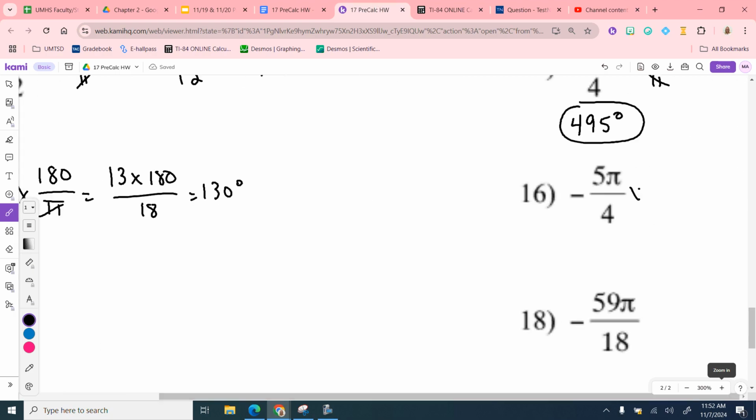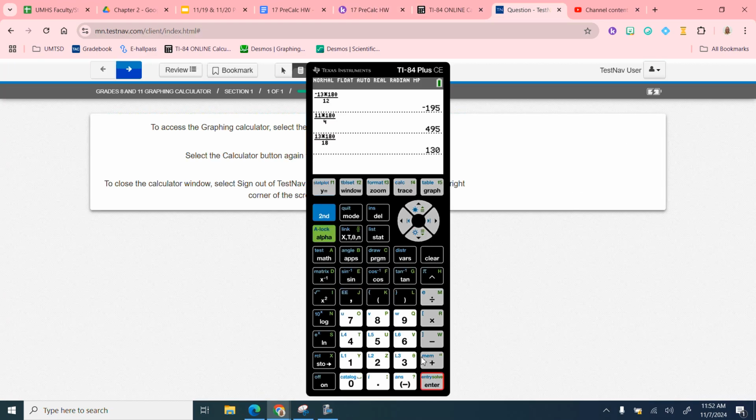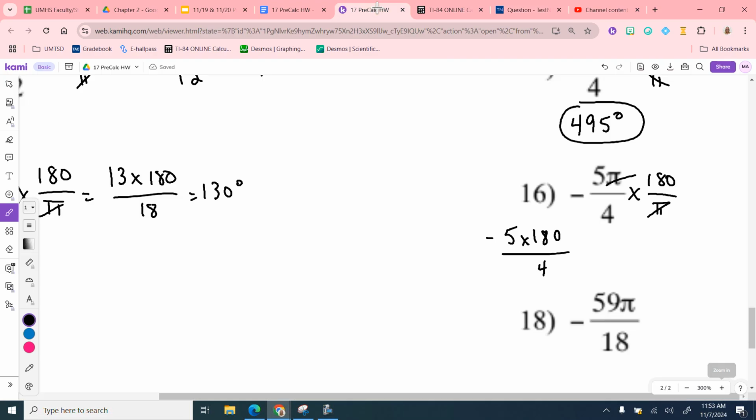Over here, times 180 over pi. Your pi's cancel. We want -5 times 180 over 4. You get -225 degrees.